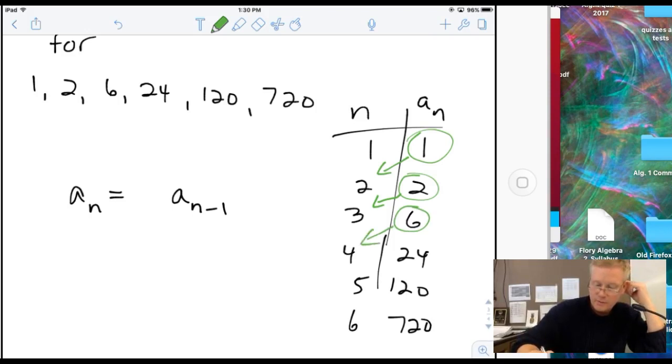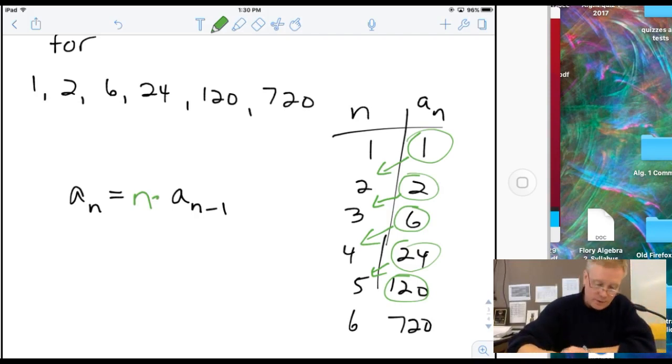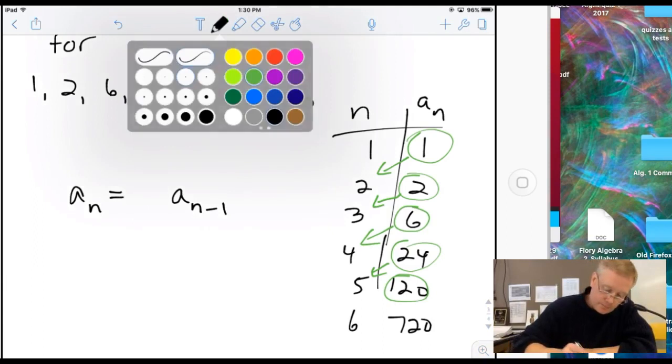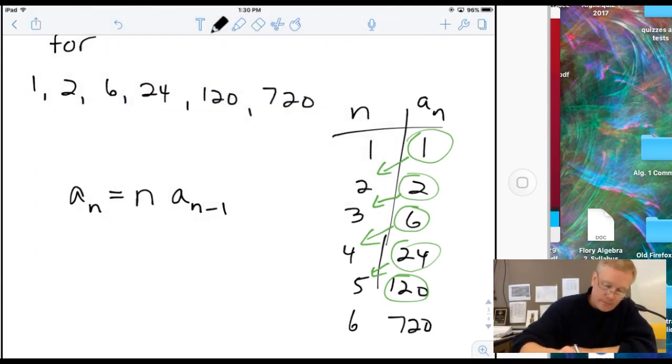If I took 6 times 4, I'd get the 24. 24 times 5 gives me 120. So what you're actually doing is taking a of n minus 1, the previous number, and multiplying it by n. So that would be your recursive definition. Put a times sign in there. So that's the recursive, that's it.